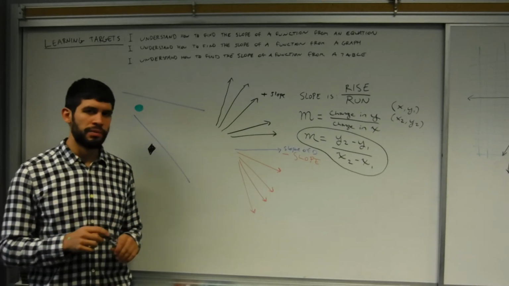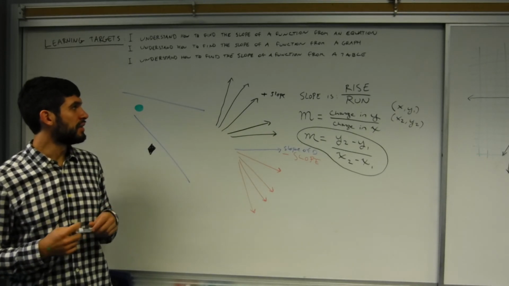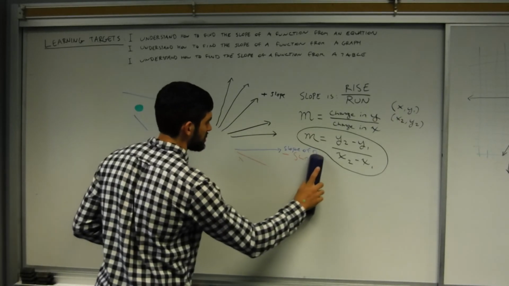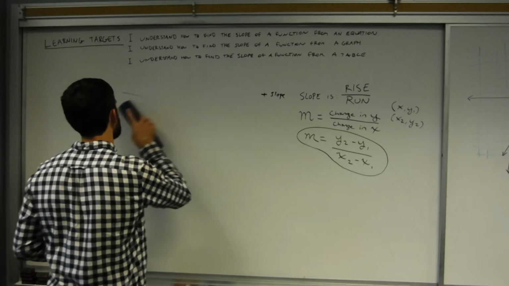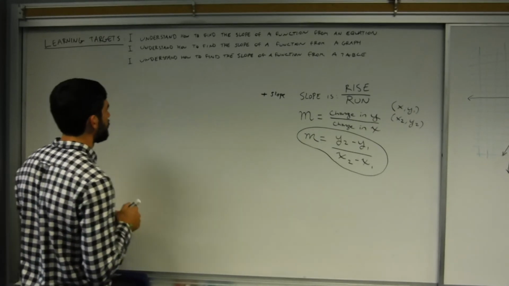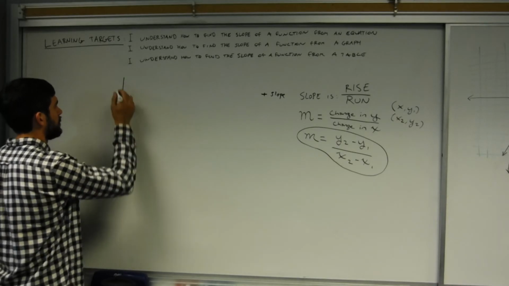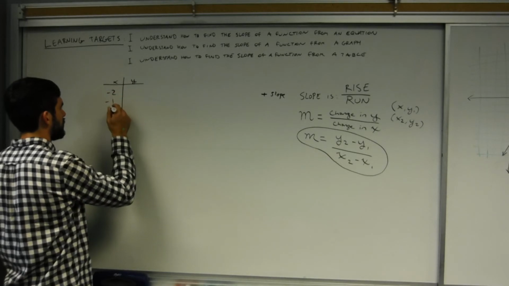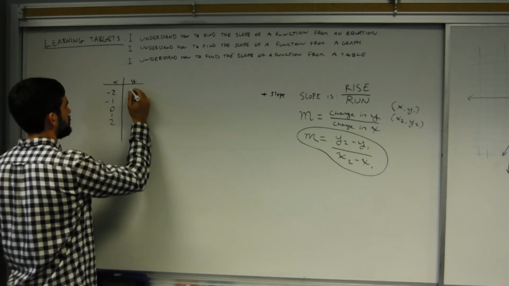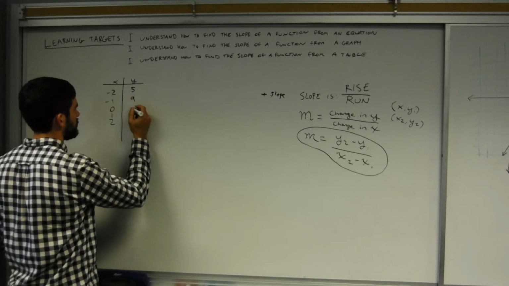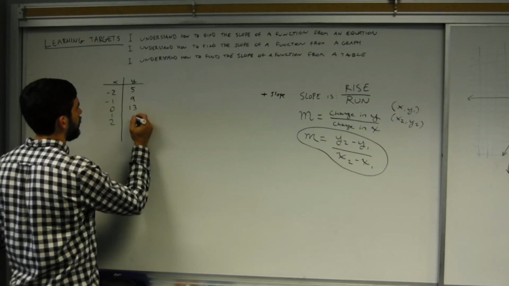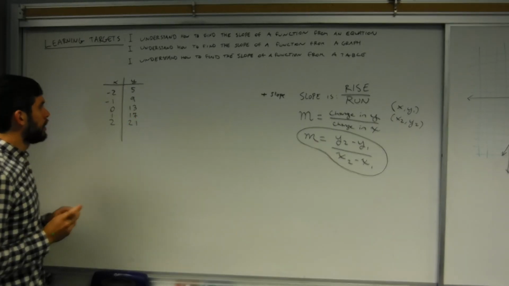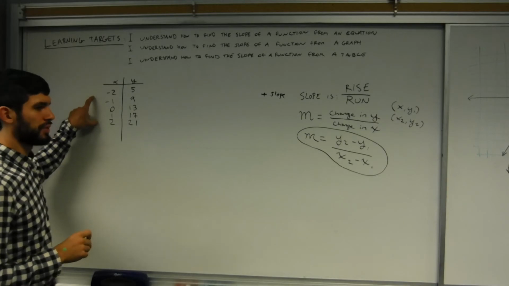First we want to look at how we find the slope of a linear function from a table of values. I'm just going to erase this diagram real quick. To find a slope from a table of values, we have x and y, with x values -2, -1, 0, 1, 2. In this one we're given 5 points.